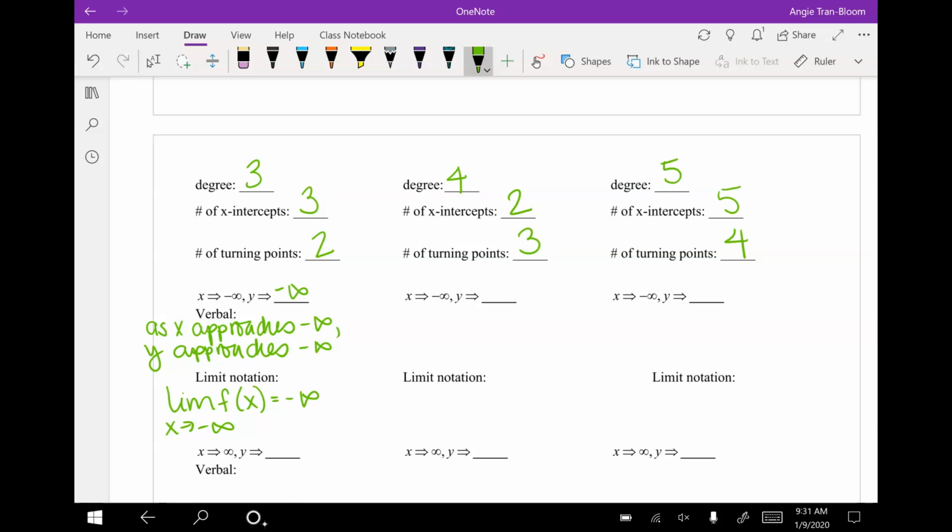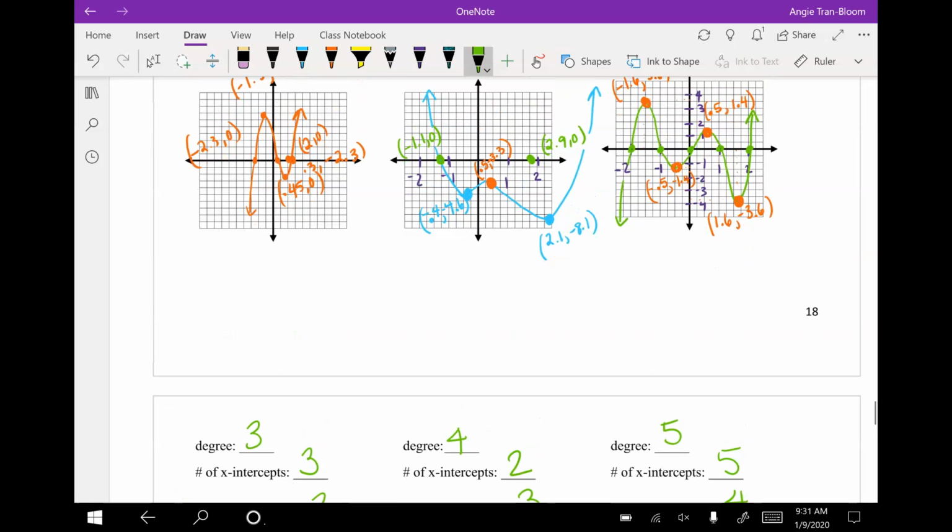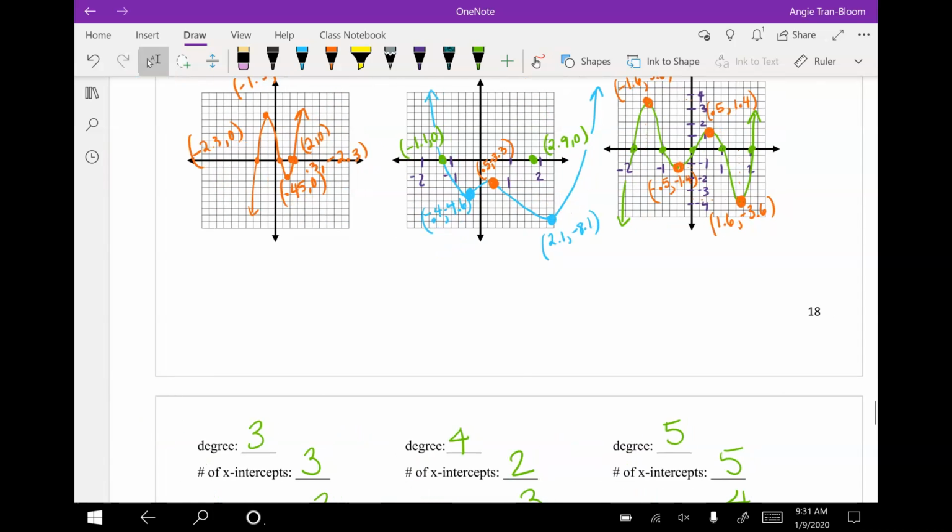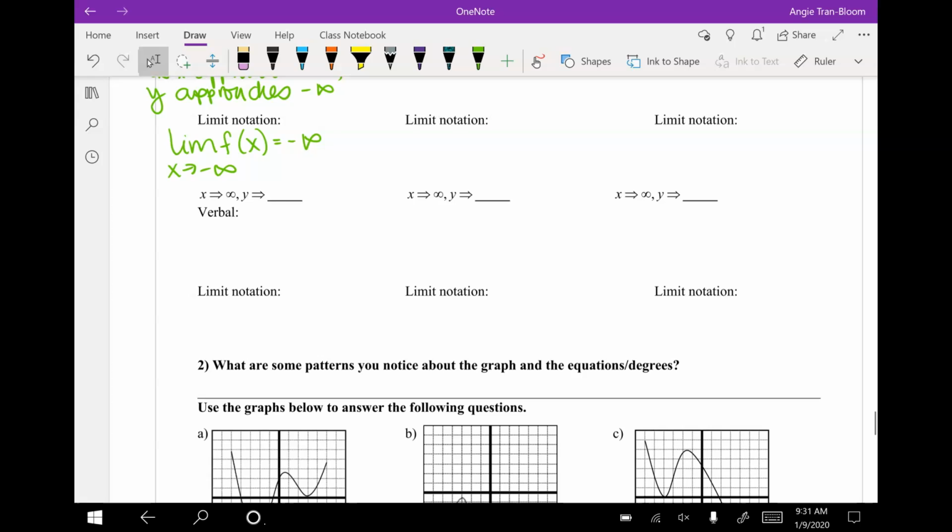Let's answer the right end behavior at the same time. As x approaches positive infinity, okay, as x is going to the right, what's the behavior for y? Is it going down or up? Up. So we can answer both at the same time here. So as x is approaching positive infinity, y went up.